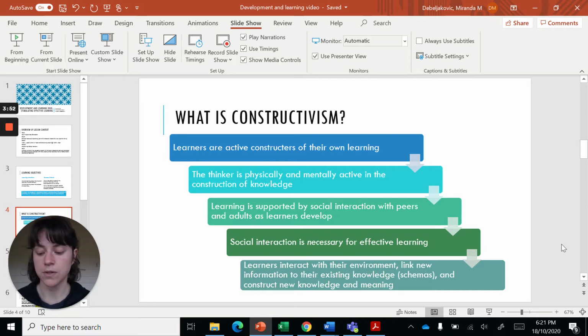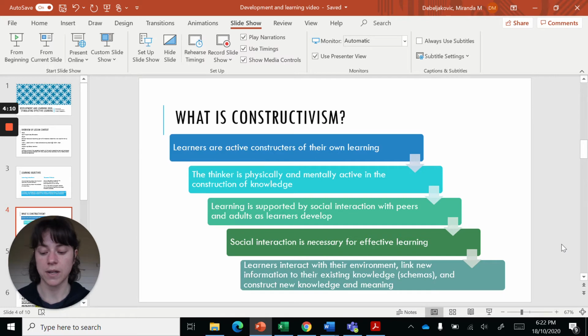The constructivist approach also states that learning is supported by social interaction with peers and adults as learners develop. As learners interact with their environment, they link new information from their current experiences to their previous knowledge, and in doing so, they construct new knowledge and meaning.